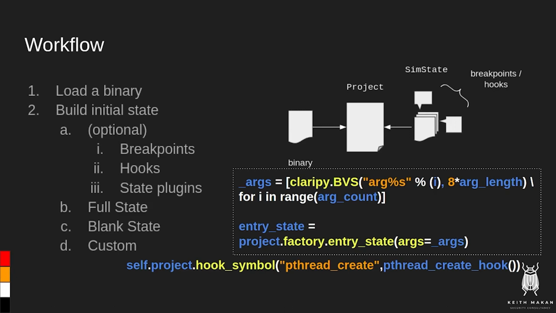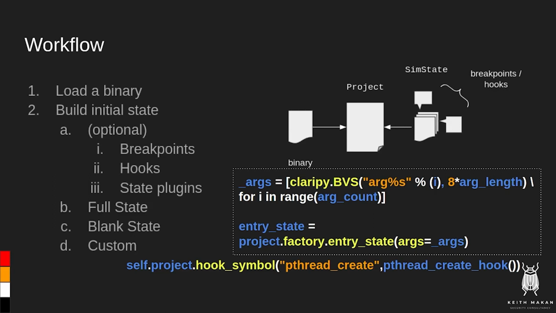Here's a custom state I'm building where I'm saying, look, I want to symbolize argv, the array, and I want arg count amount of argv arguments, and they've got to be 8 bits times whatever length I give it. I'm also naming them arg something: arg1, arg2, arg3, whatever. And then you just stick that in the entry state, and Bob's your uncle.